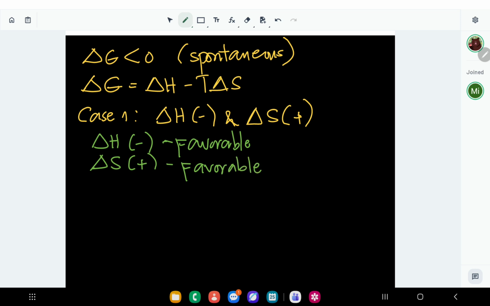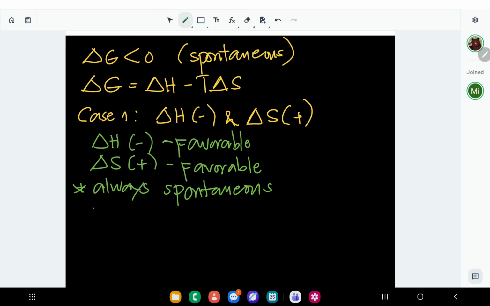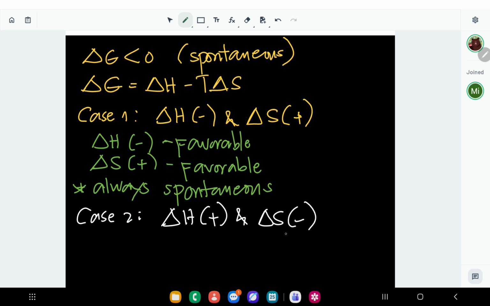Therefore, a reaction that has these values of enthalpy and entropy is always spontaneous, as delta G is always negative for spontaneous reactions.